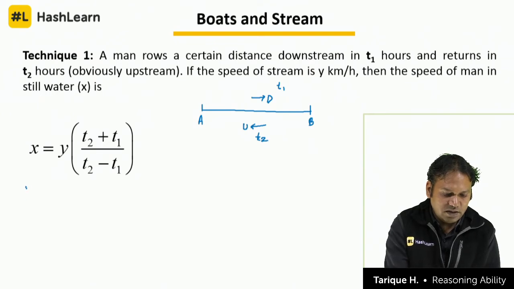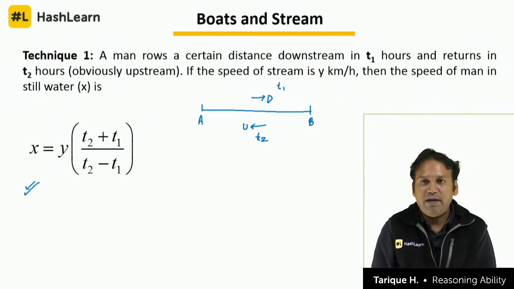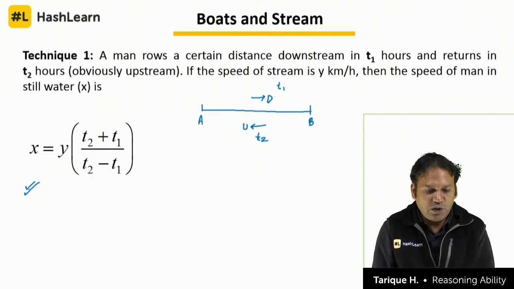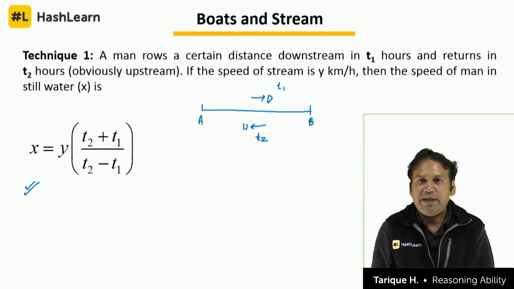The formula here is: x equals y times (T2 plus T1) upon (T2 minus T1), where x is the speed of the man or speed of the boat, y is the speed of the river, T2 is the time taken to go upstream and T1 is the time taken to go downstream.